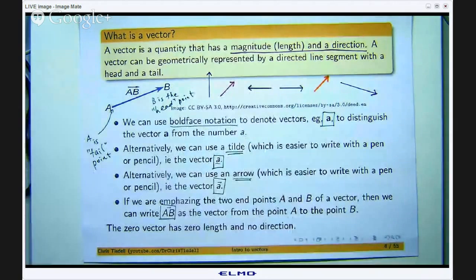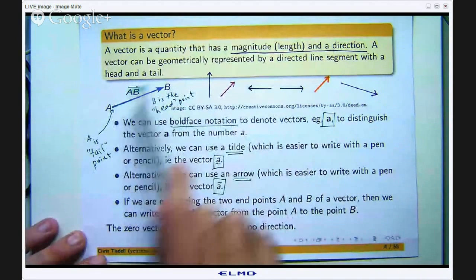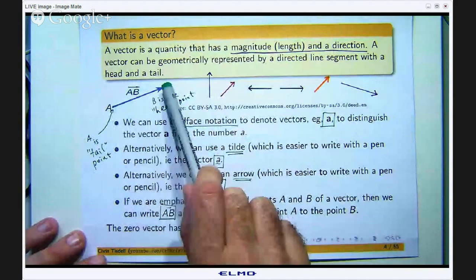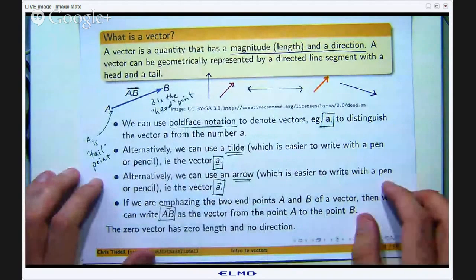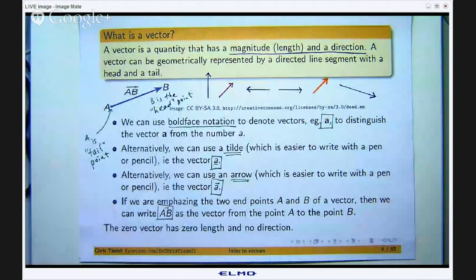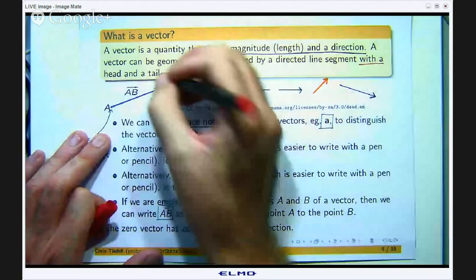So if you think of this arrow, this directed line segment, as having a tail point and a head point, then we can discuss a little bit about the geometry of things like addition and subtraction. A vector has a length or a magnitude and a direction. That's pretty much all you need to know. And if you want to talk a little bit more, you have a head and a tail point.